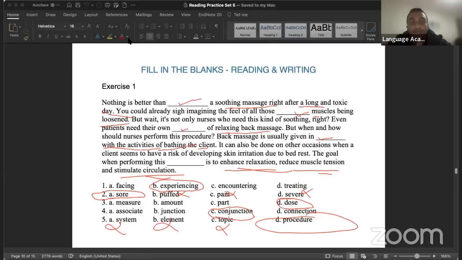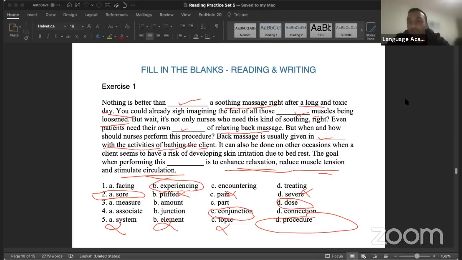Amount or measure can be used, but it will be used with scientific terms, like amount of carbon dioxide in the system. But with massage or something related to health, we normally say dose of medicine, dose of this. He is treating it like a medicine, right? Just to make them feel better and stimulate their blood circulation, to make them relax. So that is why it will be a dose.